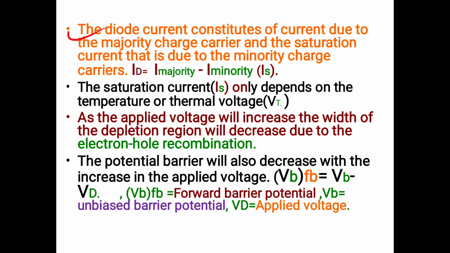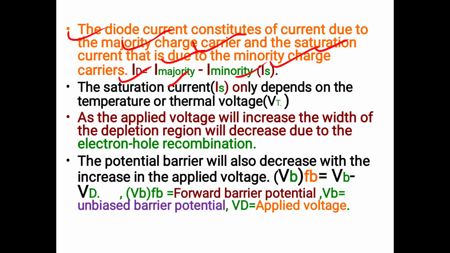The diode current constitutes the current due to the majority charge carriers and the saturation current, which is due to minority charge carriers. As you have seen, the diode current will flow from P to N type. So the diode current consists of two types of current, the current due to the majority charge carriers and the current due to the minority charge carriers, which is given by ID equals I majority minus I minority.